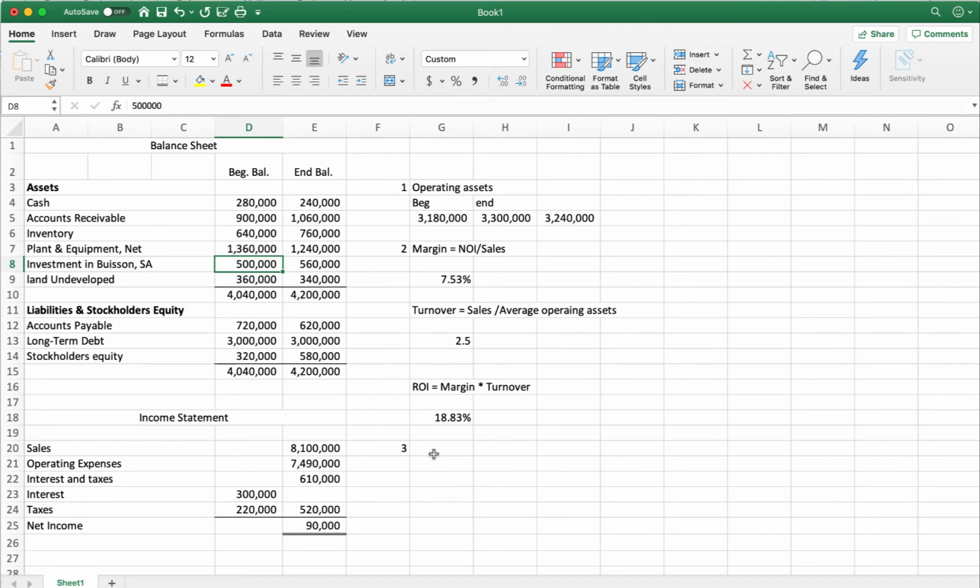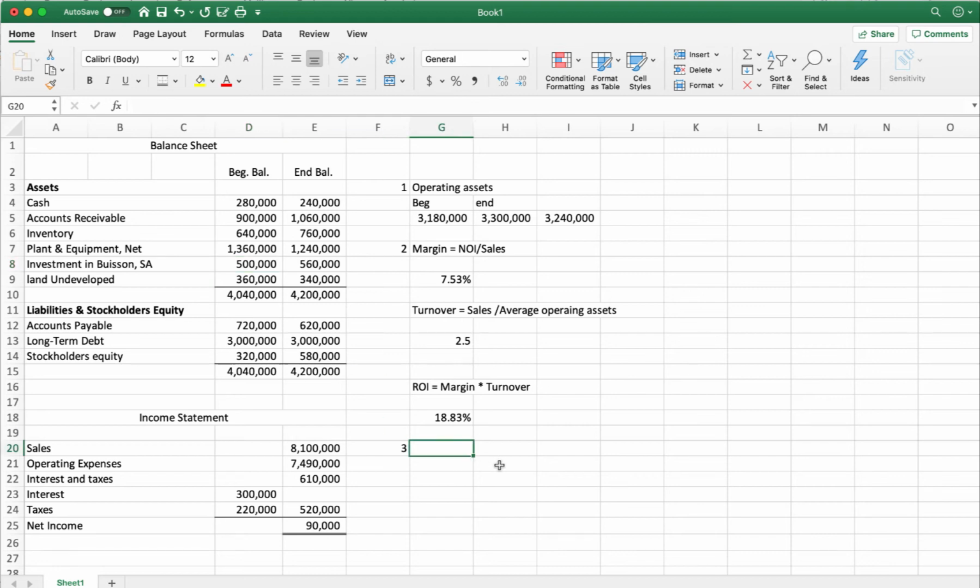So basically, the problem tells us that the company requires a minimum rate of return of 15%. Okay? 15% on its operating income, or its operating assets. Okay?